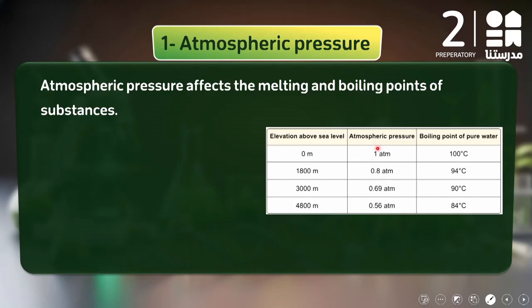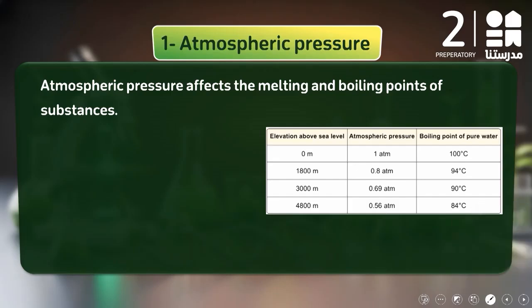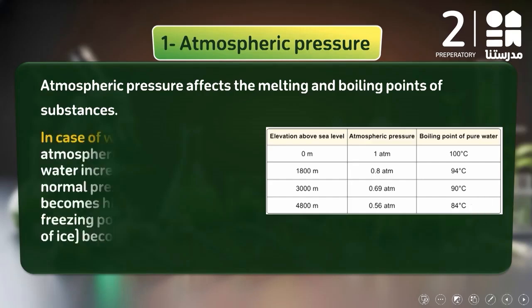The atmospheric pressure decreases with elevation, from 1 to 0.8, 0.69, 0.56. What happened to the boiling point? The boiling point here decreases from 100 degrees to 84 degrees. So the relation here is that by increasing the elevation, the boiling point decreases.